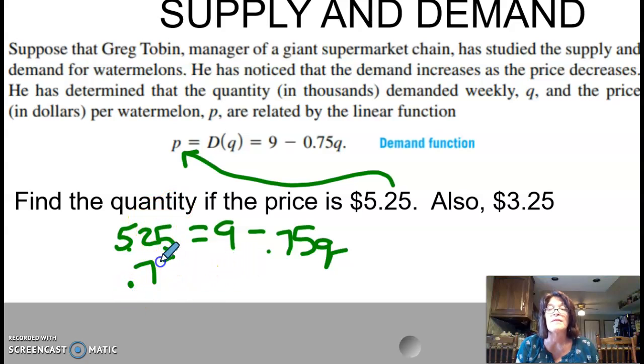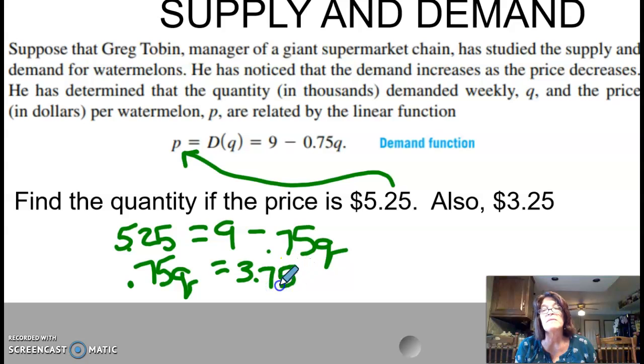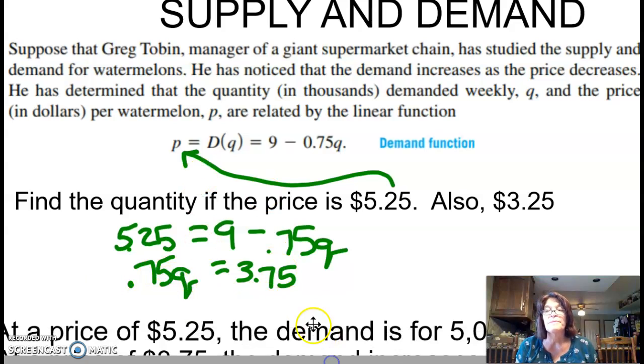So I'm going to have 0.75 Q equals 3.75, because I'm taking 9 minus 5.25. I will then divide by 0.75, and if you take 3.75 divided by 0.75, you get that Q equals 5.